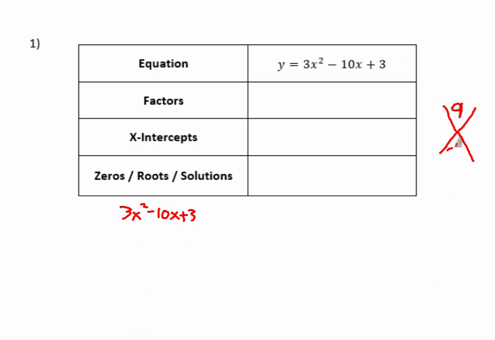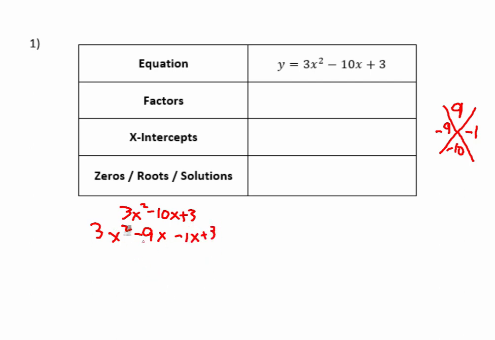Then down here I've got negative 10. So I need two numbers that multiply to 9 and add to negative 10. Those are going to be negative 9 and negative 1. So I can go back over here and rewrite this as 3x squared minus 9x minus 1x plus 3.